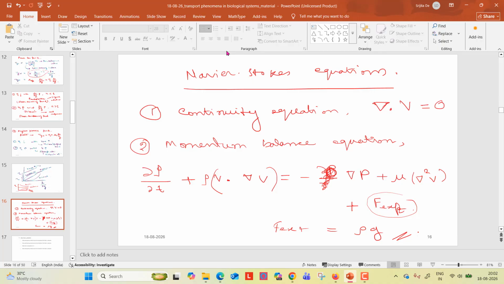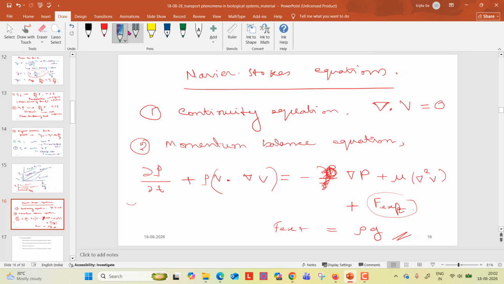What does this mean? This is the local acceleration term. This is the convective acceleration term.